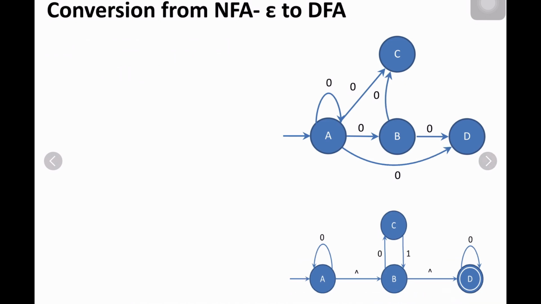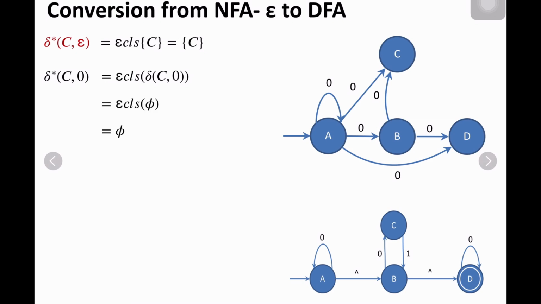Then C. Look at the E-closure of C, it is C itself. There is no transition that lets it move to any other state, so C itself. Then C on 0, E-closure of C on 0: there is phi, there is no transition at all.